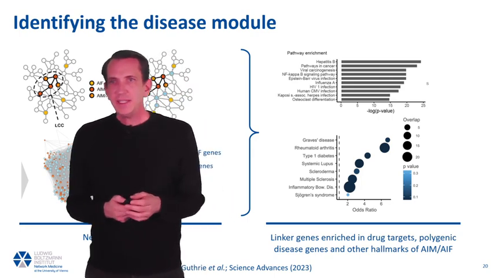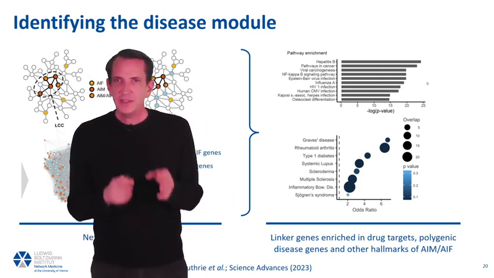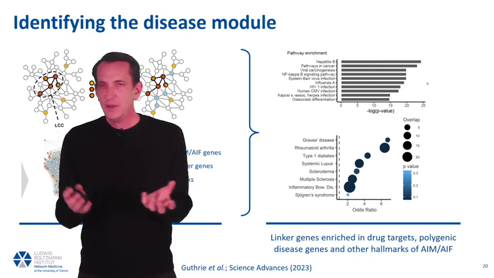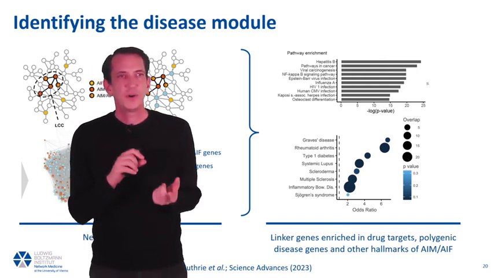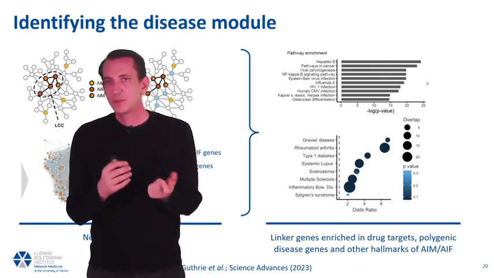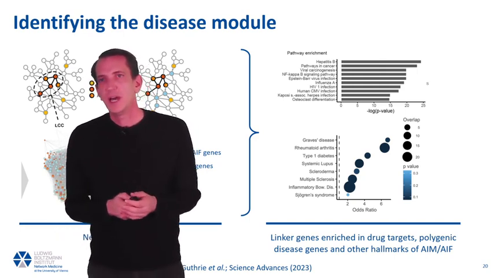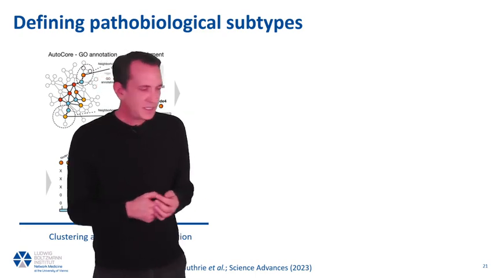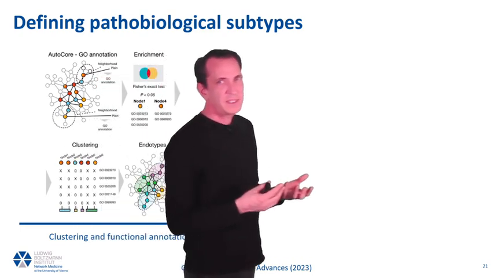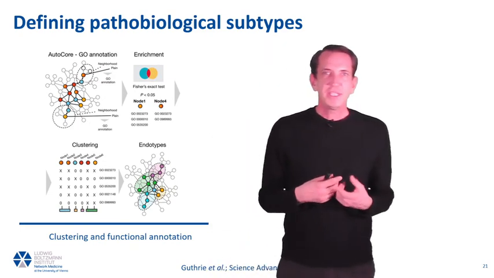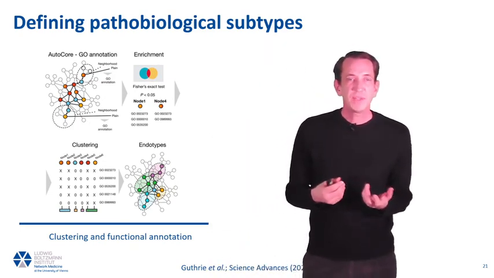Okay, so the next step after having identified this larger module that collectively carries the individual components, that is the genes, proteins, as well as the interactions between them that collectively represent a particular disease, is to zoom in and see whether that would allow us to actually define pathobiological subtypes.